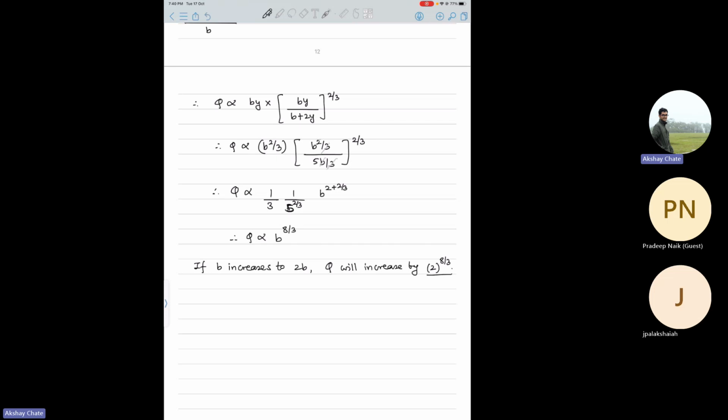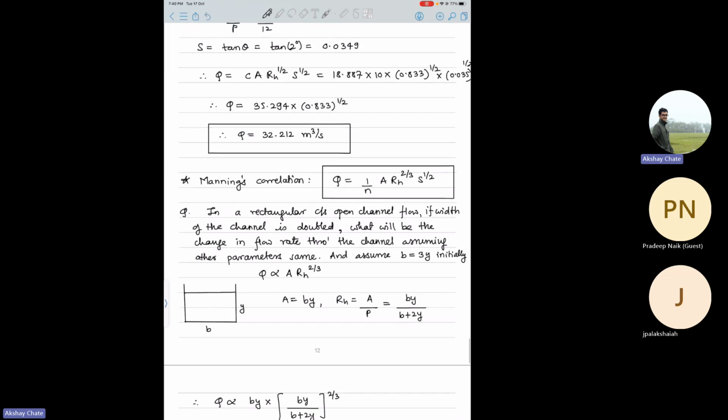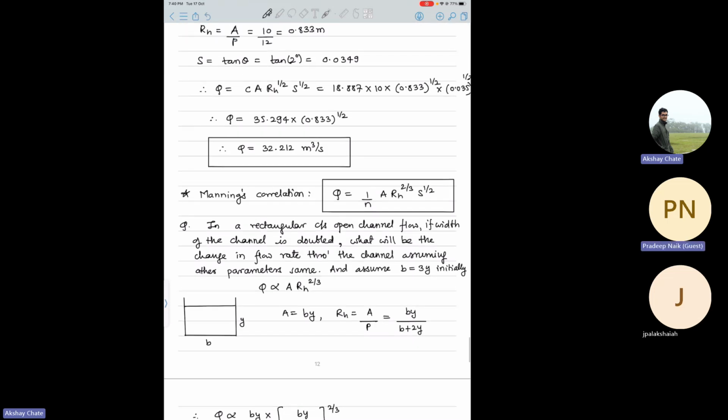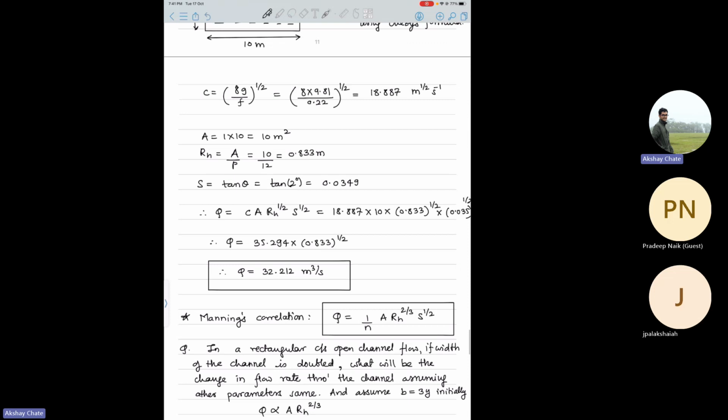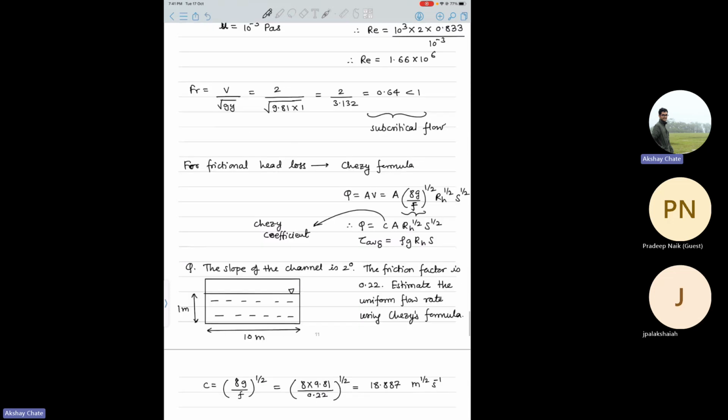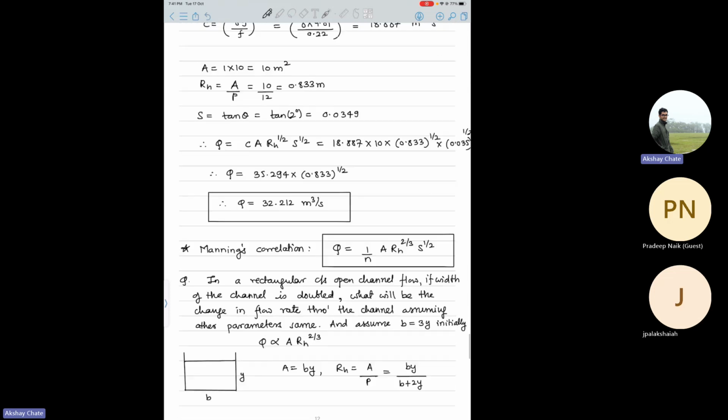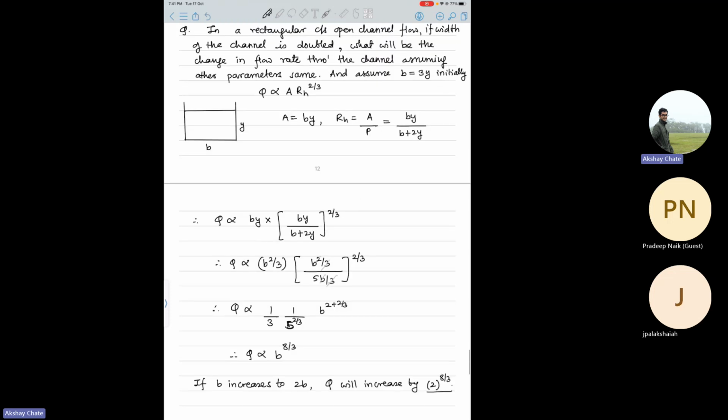So like that. So my point here was there are some variables which determine the Q value, right? So I can change one variable and ask you what will be the effect of that variable on the flow rate, and same thing I can ask in the Chezy coefficient also. So you get my point, I think.